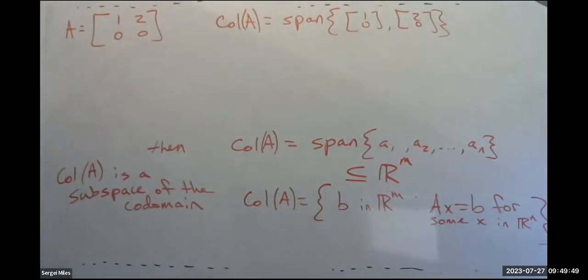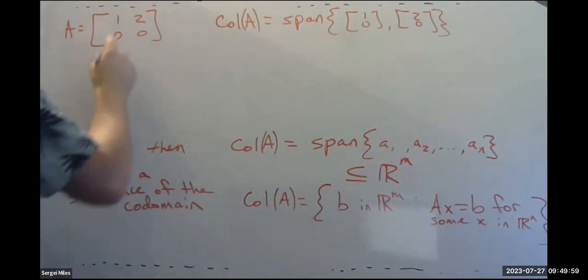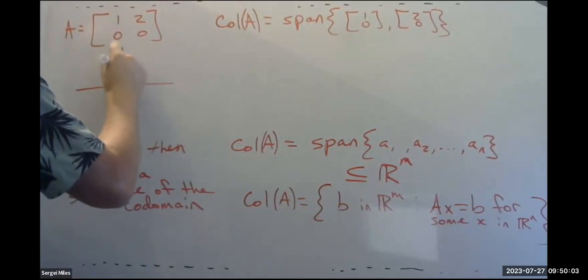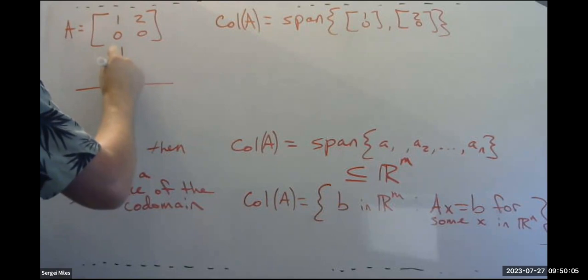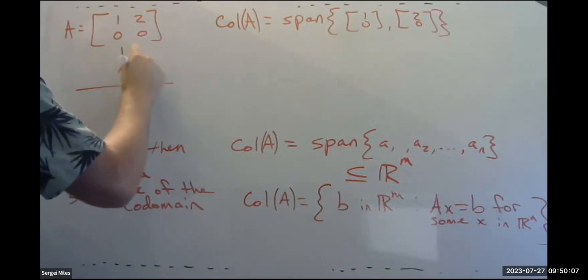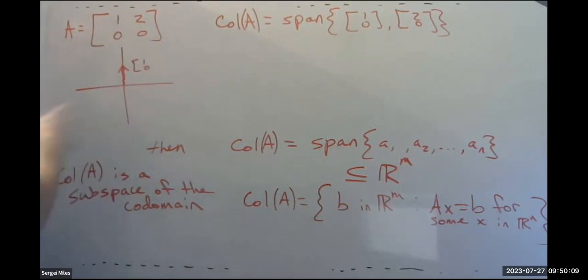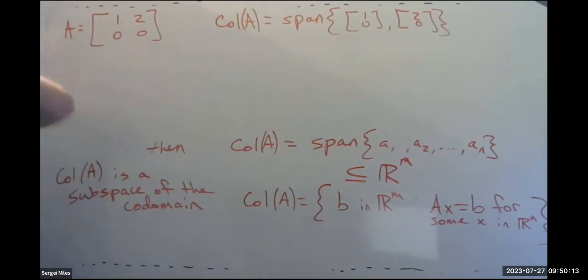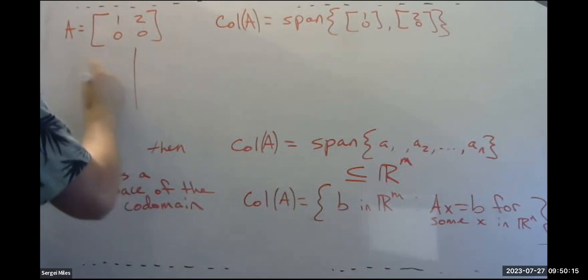There's nothing wrong with this answer. This answer is technically correct. However, what's happening when I take linear combinations of 1, 0, and 2, 0? Well, 1, 0, no, sorry, this is in the x-axis. Let me draw this correctly. 1, 0 is going in the x direction.